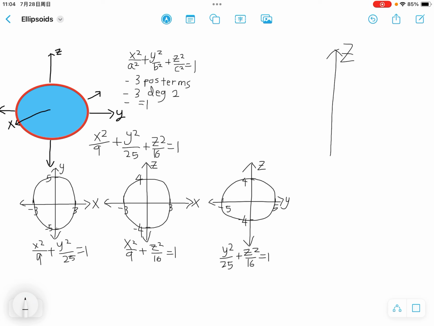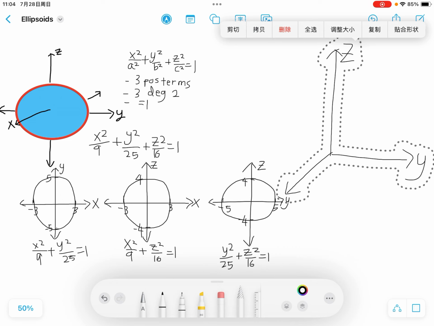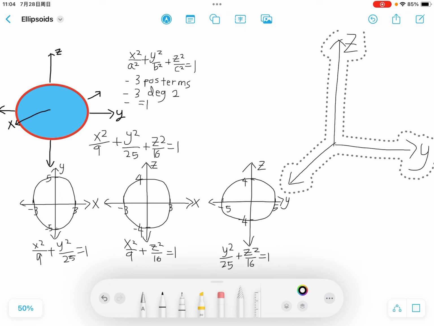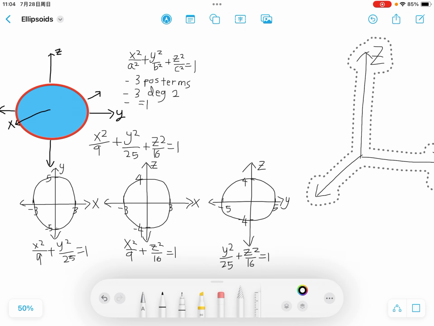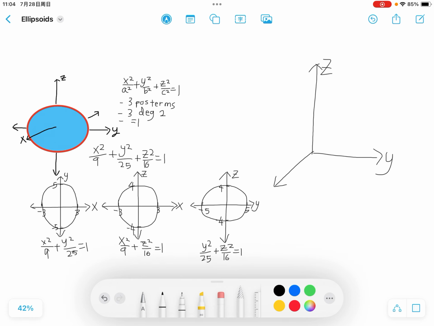That's Z, that's Y, that's X. So let me just move this coordinate plane. So I'll move it this way a bit more, and I'll zoom out.